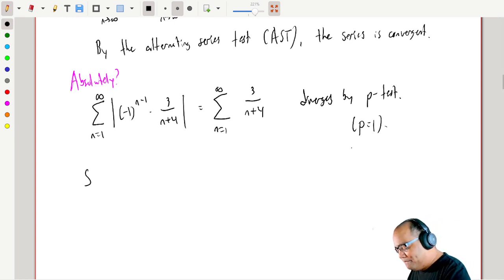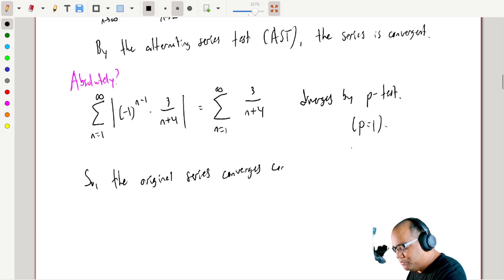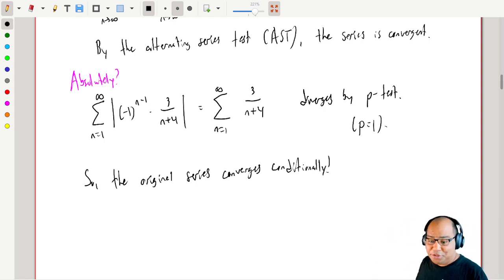So we say the original series converges conditionally. Okay, the original series converges conditionally.